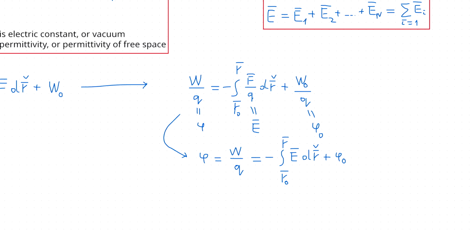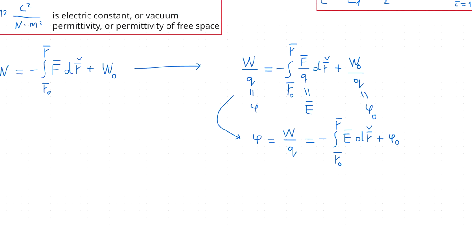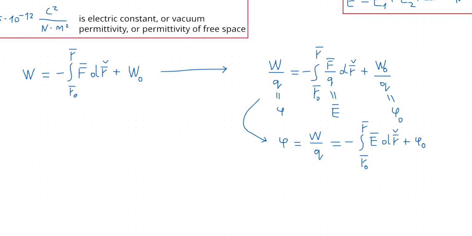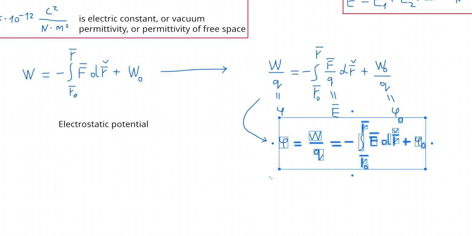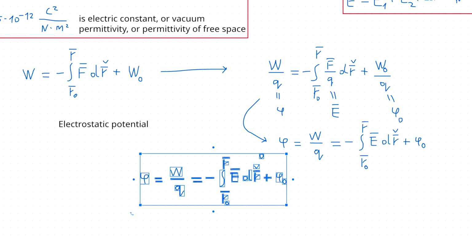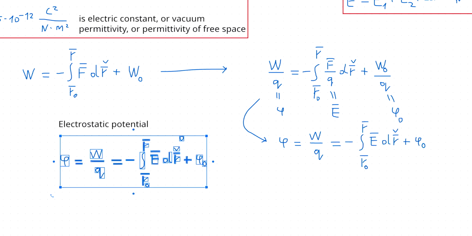This is electrostatic potential. So we can write this here: electrostatic potential.